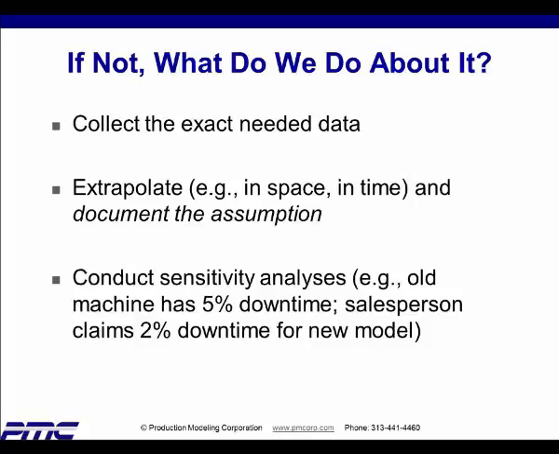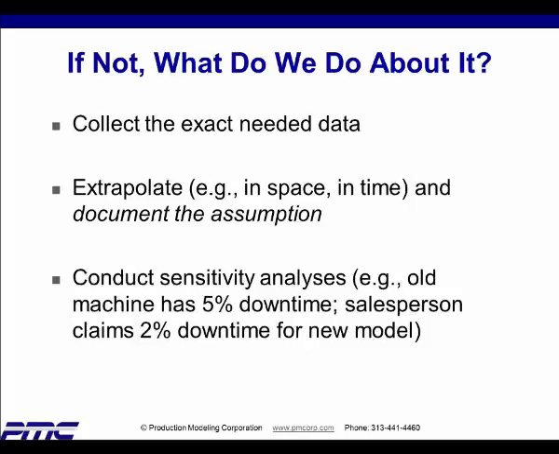And one of the most powerful techniques, it takes a little more time, but this can produce marvelous results. Now, suppose the old machine has 5% downtime. The salesperson takes you out to a lovely lunch and claims 2% downtime for the new model of the machine. So which percent downtime do you put in the model?